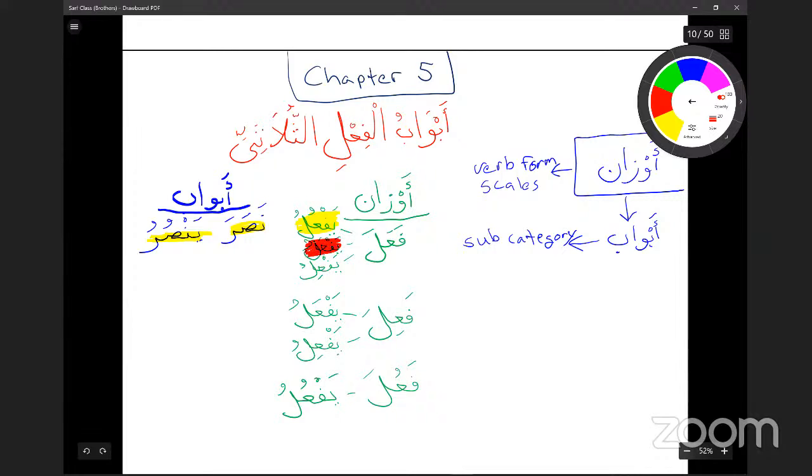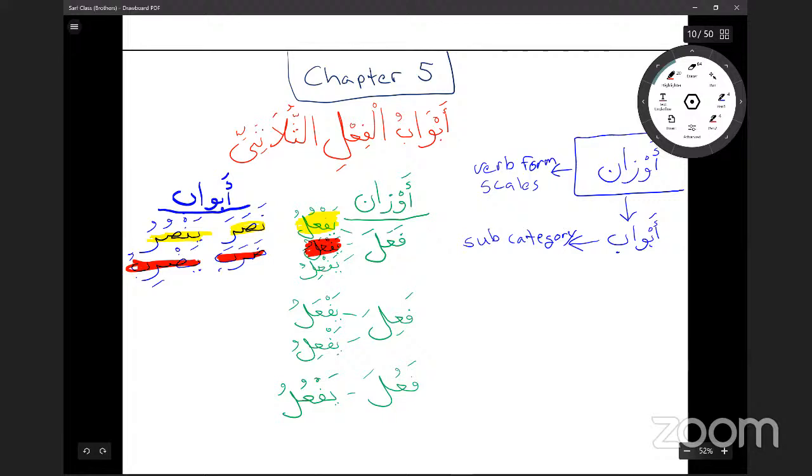فعل يفعل, the name of that bab is ضرب يضرب. ضرب يضرب.